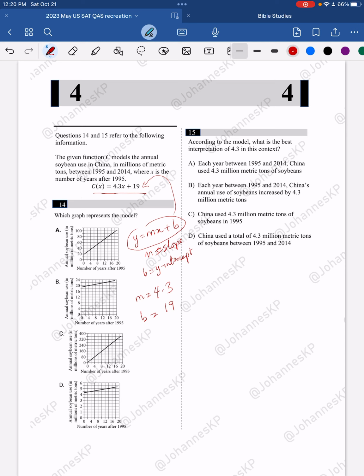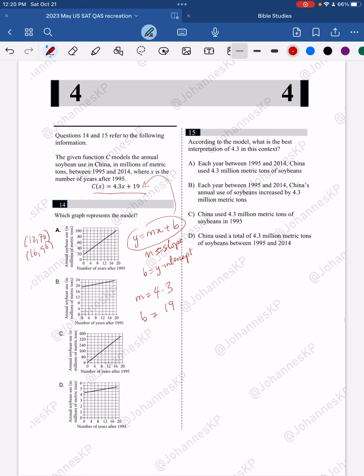Let's pick 12 and 70, then another point, 16 and 90.